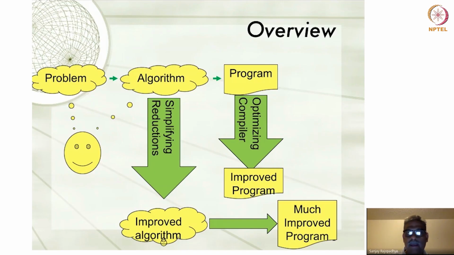And by that, the compiler can give you at best a constant factor improvement; the asymptotic complexity of your program remains the same. So simplifying reductions is a transformation that invents algorithms. It is a compiler technology by which the compiler can invent an algorithm.